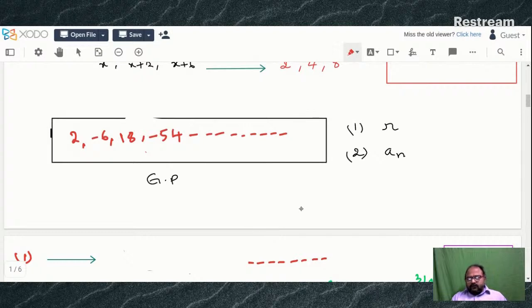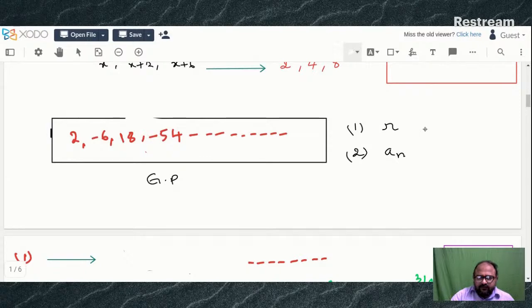And what you have to do is you must find the common ratio R and the nth term an. The given list of numbers is in a geometric progression.